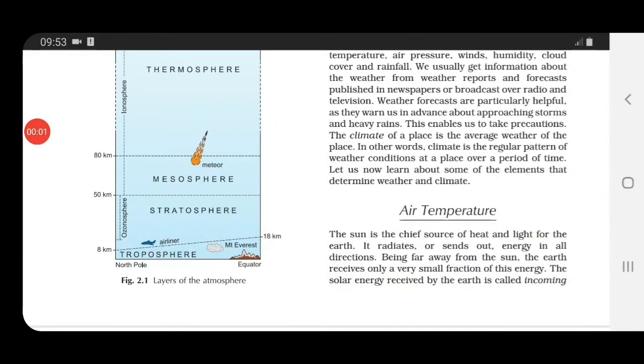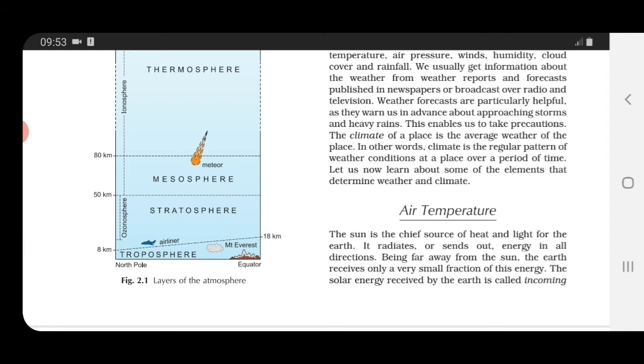First element is air temperature. See, the sun is the chief source of heat and light for the earth. That you all know, that the main source of heat and light for our planet earth is the sun. Okay, it radiates or sends out energy in all directions.